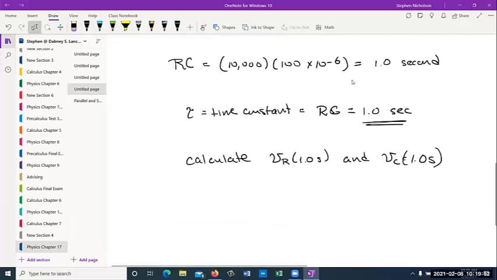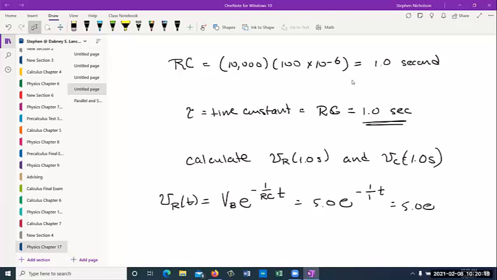Our two equations were that the voltage across the resistor as a function of time is equal to the voltage of the battery times e to the minus 1 over RC times t. Our battery voltage was 5 volts, e to the minus 1 over 1 times t. So RC is 1 second, and that just becomes 5.0 e to the minus t for this particular case.